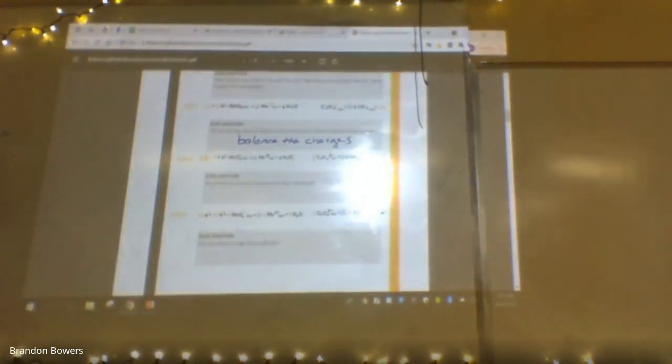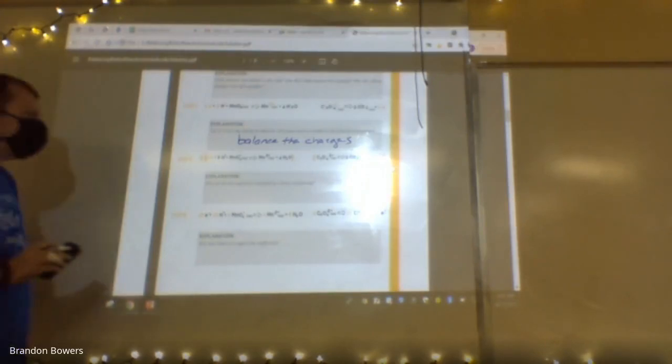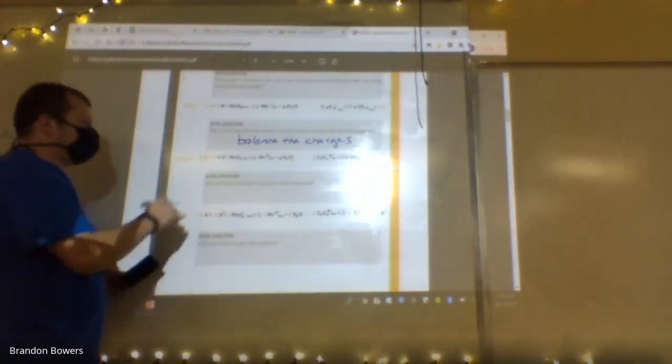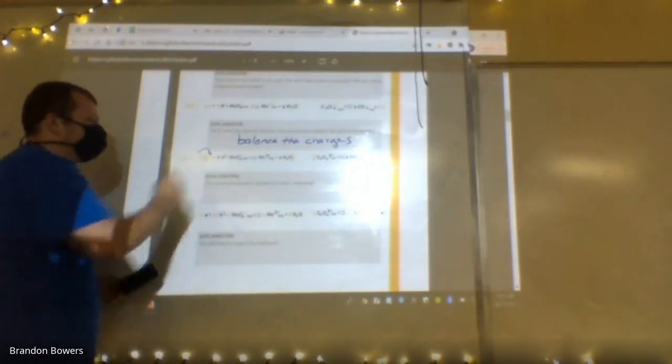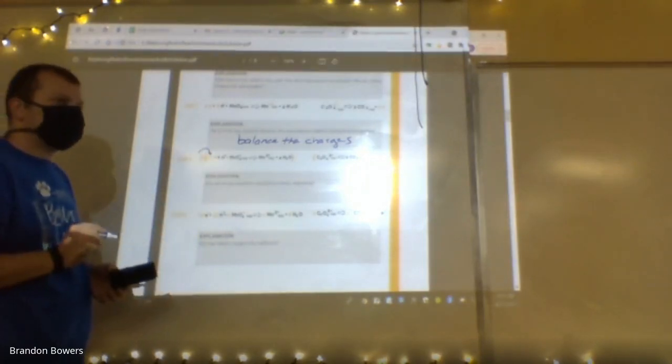Okay. Number 8, we're almost done. Number 8. Why were the 2 equations multiplied by 2 and 5? Did anybody get this one? Multiplied by 2 and 5. Well, if we're still looking at electrons, what is 2 times 5? 10.